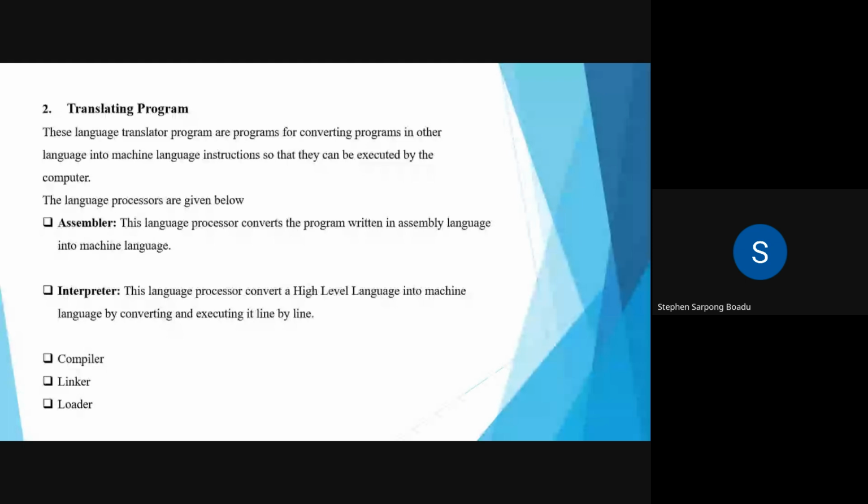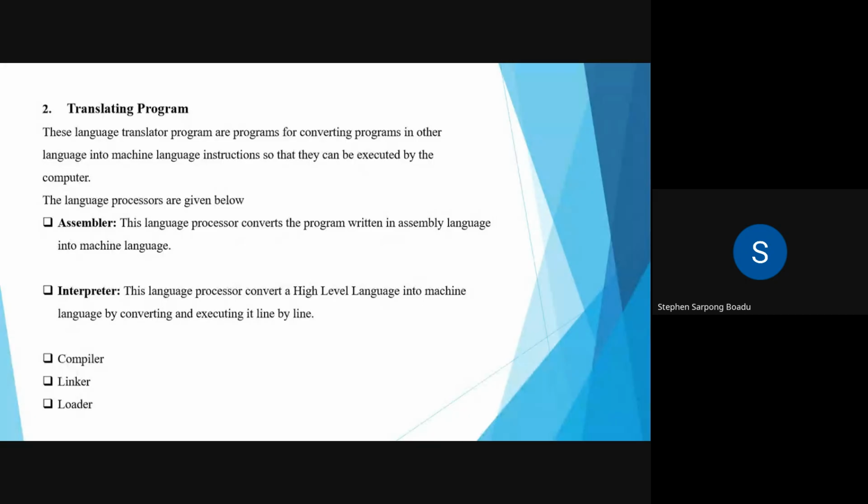So we are still talking about the system software, right? We've spoken about the OS, the operating system. Now let's talk about translating programs. So language translator programs are programs for converting programs in other languages into machine language instructions so they can be executed by the computer.